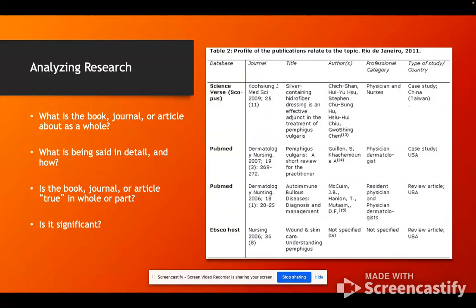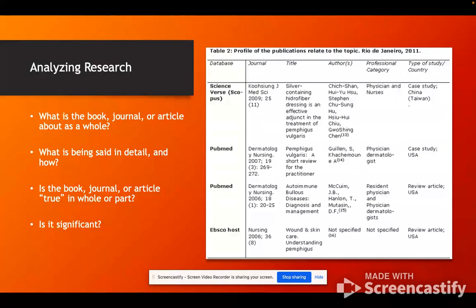You're going to look at whether the book, journal, or article is true in whole, or whether certain parts of it are true. You're going to use these articles to help guide your research and to say, do I have research to back up what I'm wanting to change or what I'm wanting to look at? And then, is it significant?